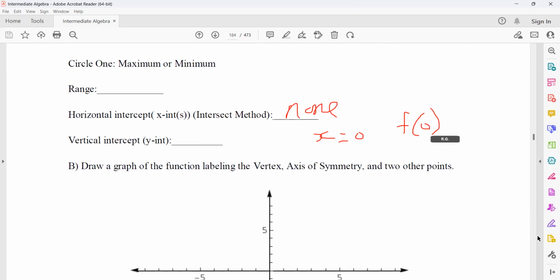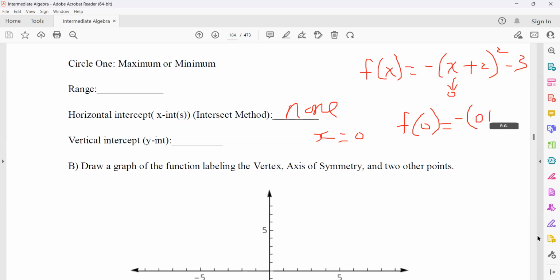F of 0 equals minus, what was it, x? So let me write the function here. Minus (x plus 2) squared minus 3. So x is going to be 0.